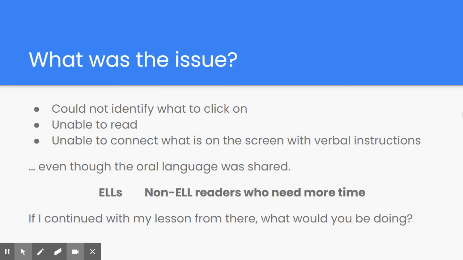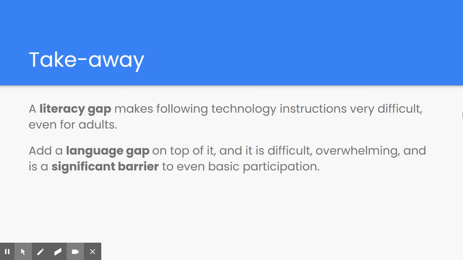So think about the impact this has on not only our English learners, on a wide spectrum of oral language ability, but any student who needs more time to read. And if I were to continue with my lesson from there, where would that have left you? And what impact would that have had on your participation in the lesson and your ability to receive the learning that is taking place?